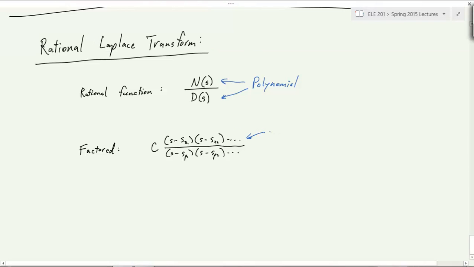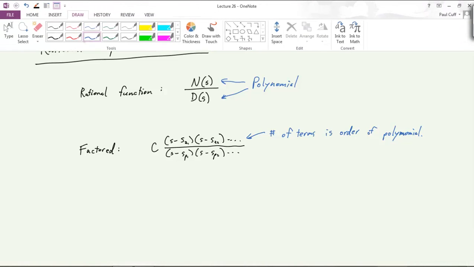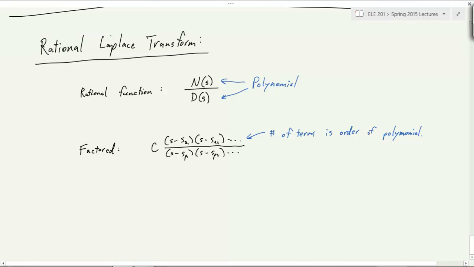And in fact, we would say that the number of terms is the order of the polynomial, of course. So you always get that many roots, the same as the order of the polynomial. But we actually call these roots of the numerator, so the roots of the numerator are sz1, sz2, and so forth. These are the zeros of the rational function.